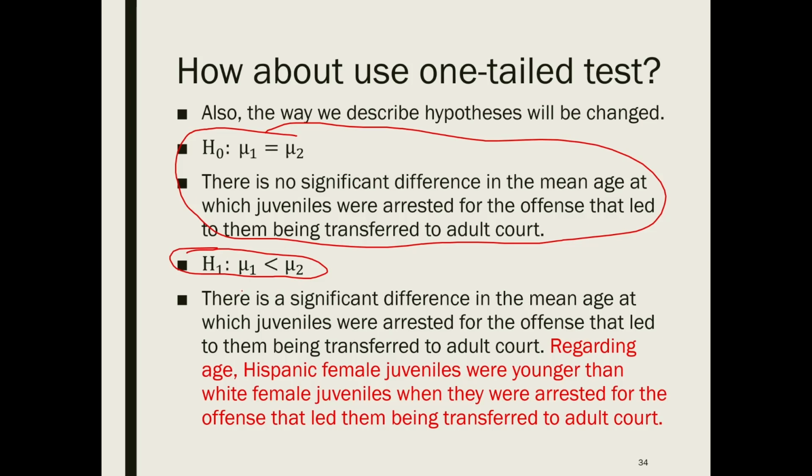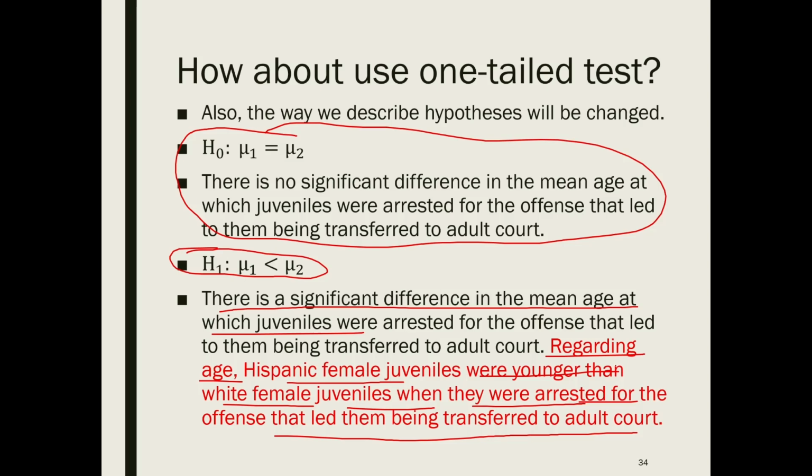The average age of the first sample is less than the average age of the second sample. So what do we say? There is a significant difference regarding age: Hispanic female juveniles were younger than white female juveniles when they were arrested for the offenses that led to them being transferred to the adult court.